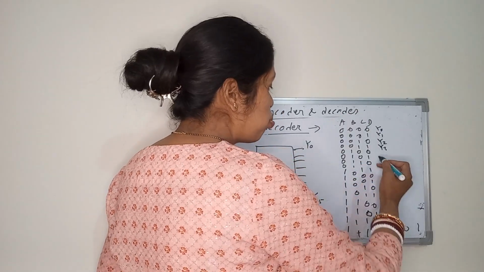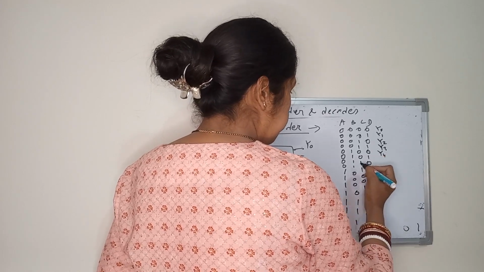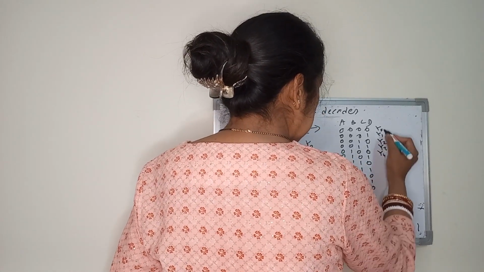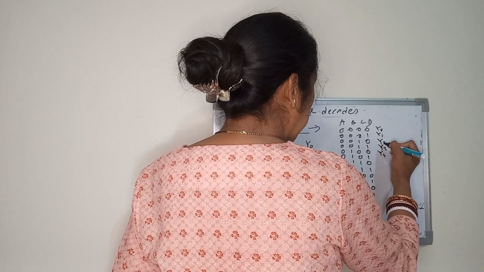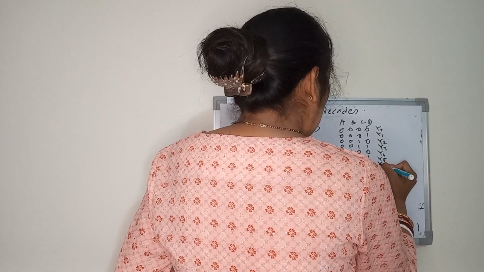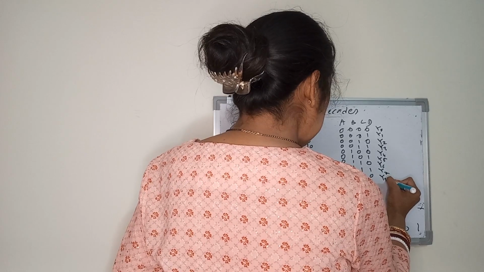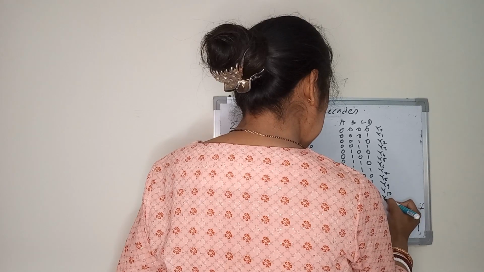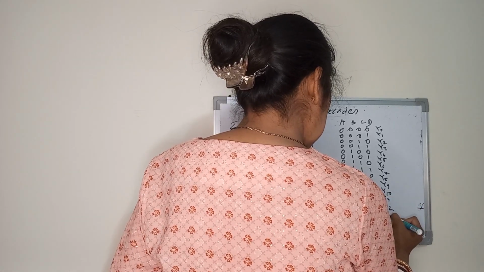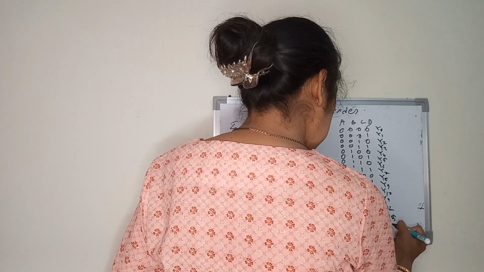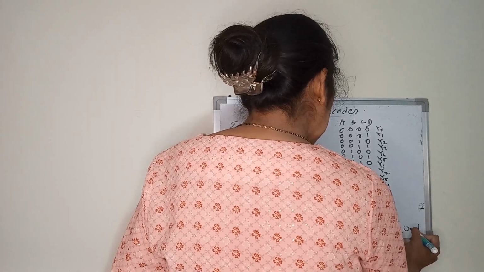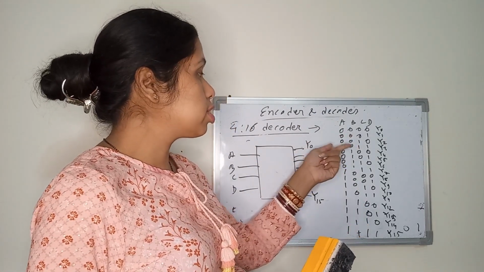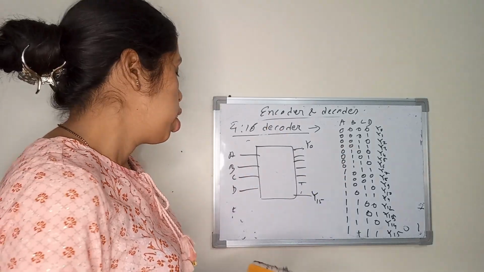I'm not writing the entire outputs, I'm just writing y0, y1, y2, y3, y4. In this case logic 1 will come from y0, in the next case I will get logic 1 from y1, like this way, right?